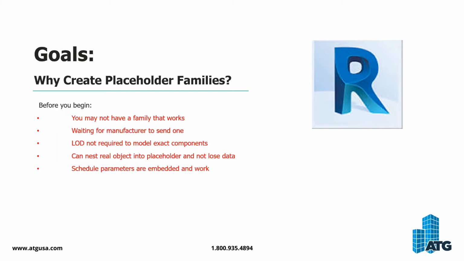Also, the ones from the manufacturer usually don't have the same shared parameters that you're going to use in your schedules. Therefore, if you were to use a placeholder, you could have the shared parameters that you need already filled out in DD, but maybe at 50% CD, you get the real piece of equipment.